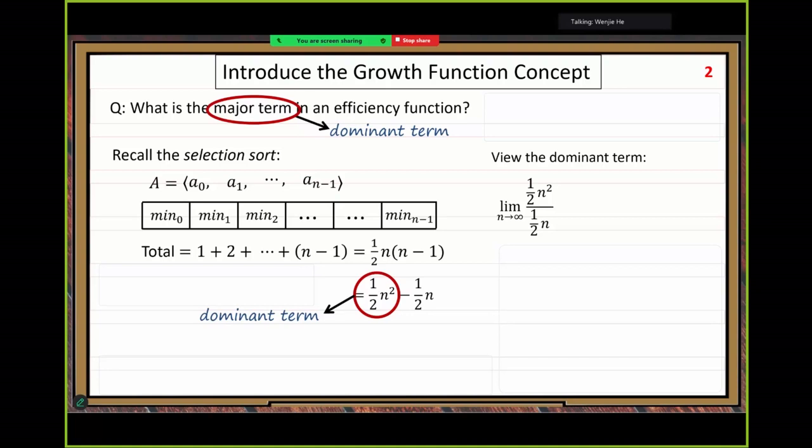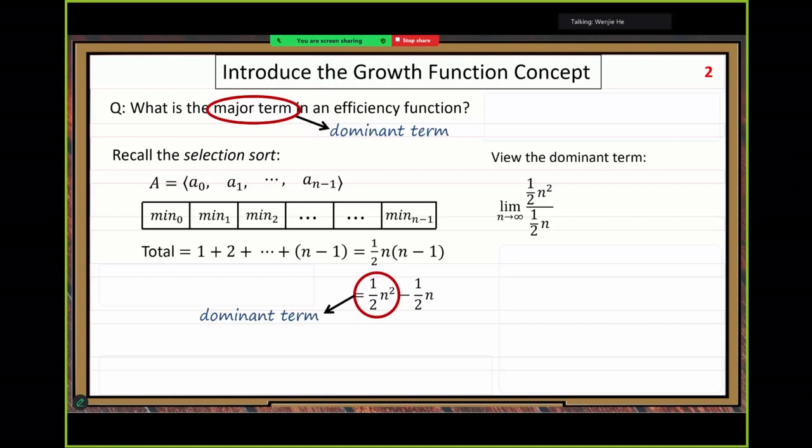Because when we study algorithms, we worry about the situation when the problem size is very large. That's the difficult part. When n is relatively small, our computers are very powerful now, so we don't worry about solving problems with relatively small problem sizes.